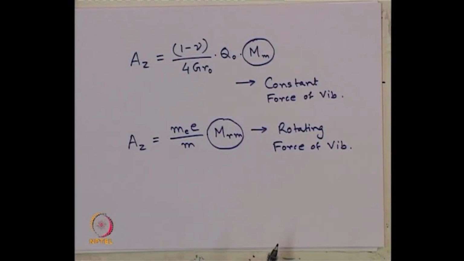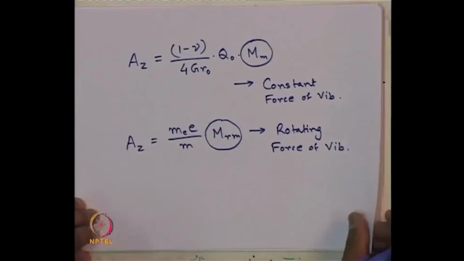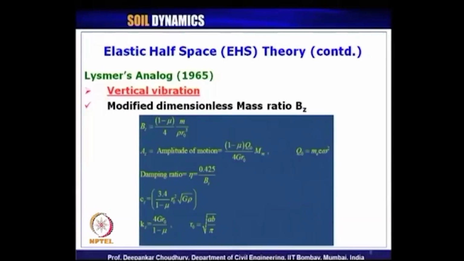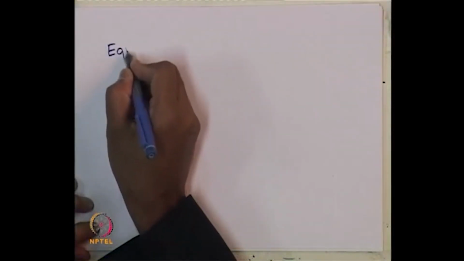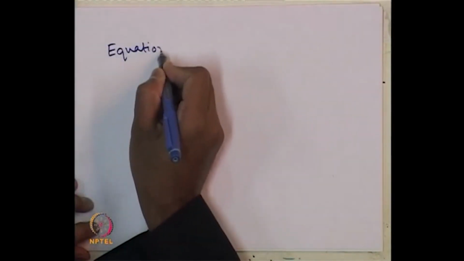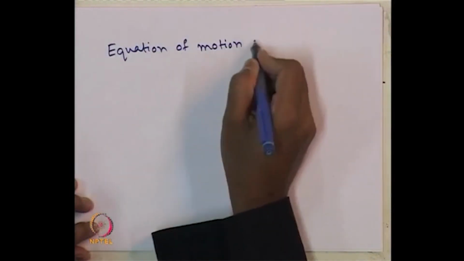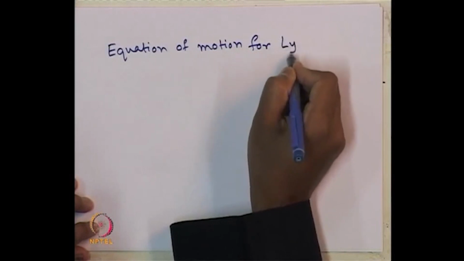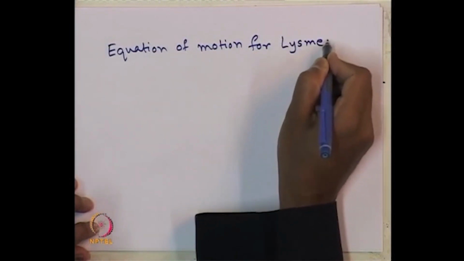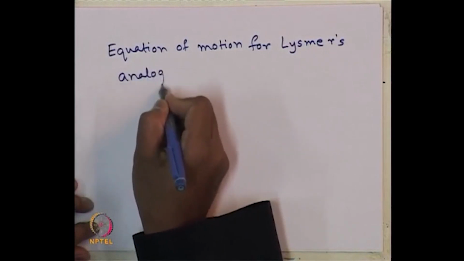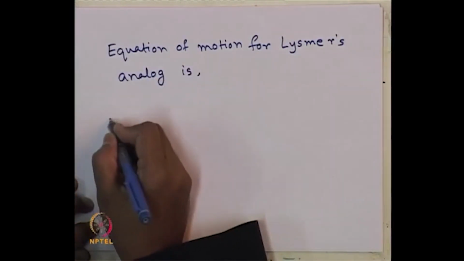What is Lysmer's model? Basically, the equation of motion of the Lysmer analog is similar to the mass spring dashpot model. So, the equation of motion for Lysmer's analog is given by this.